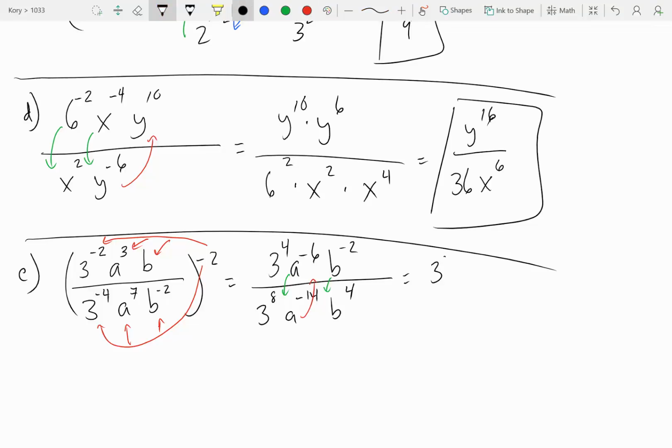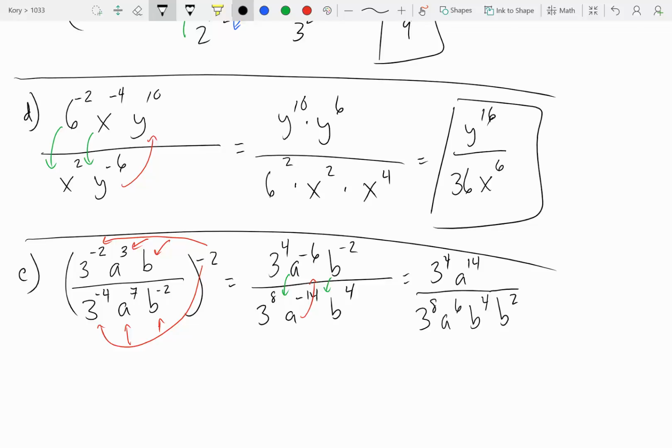So we have 3 to the power of 4 on top and a to the power of 14. And on the bottom we have 3 to the power of 8, a to the 6th, and b to the 4th. Oh, and I forgot to move that b to the 2 down. There we go. Knew I was forgetting something.